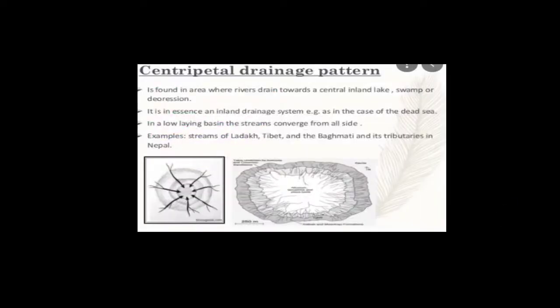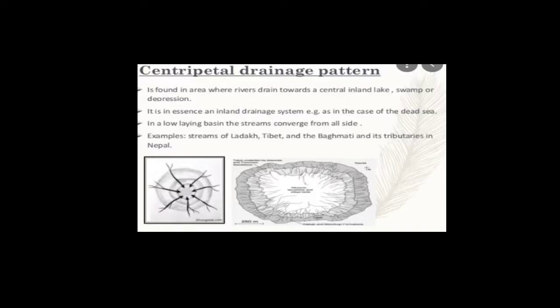Next, we have the centripetal drainage system. It is found in areas where rivers drain towards an inland basin, or a swamp, or a depression. So the river drains down to a central location, maybe a lake or maybe a sea.